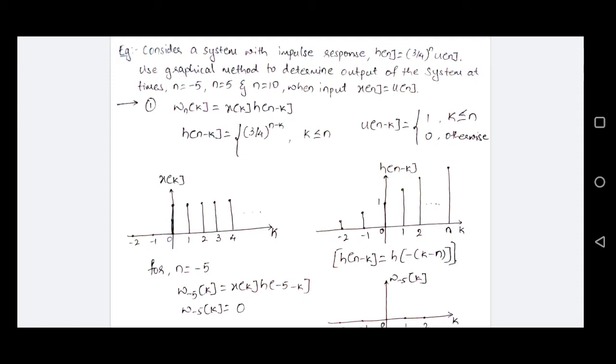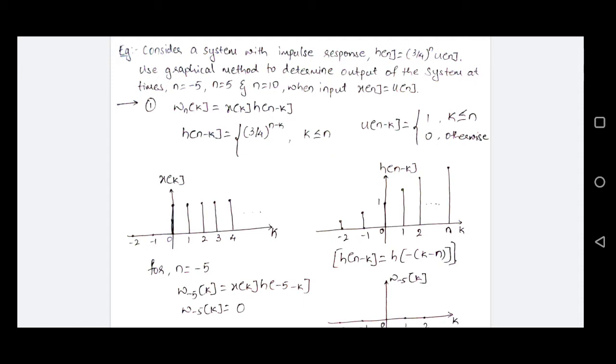Because of u of n, that exponential signal will be present from 0 to infinity only. So it's a right-sided exponential sequence, and we need to obtain the output for this input and the impulse response at specific values of n only, that is at minus 5, plus 5, and at n equals 10.